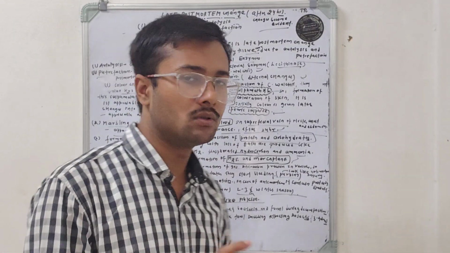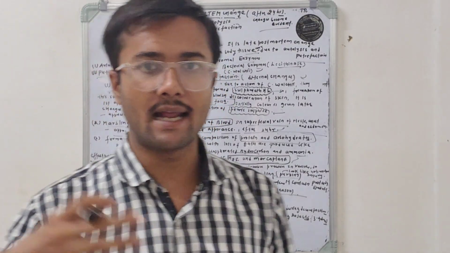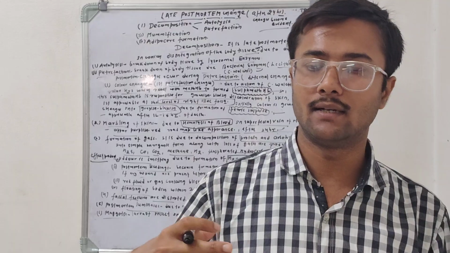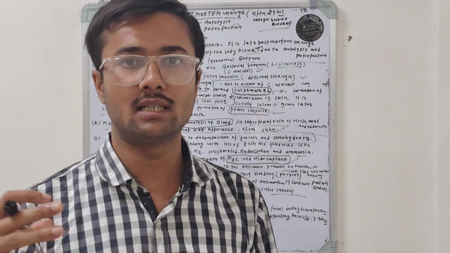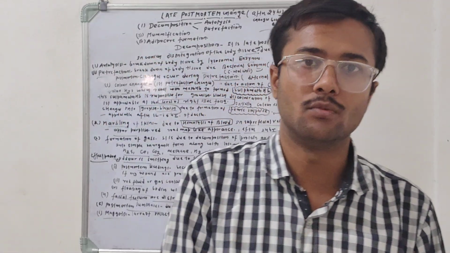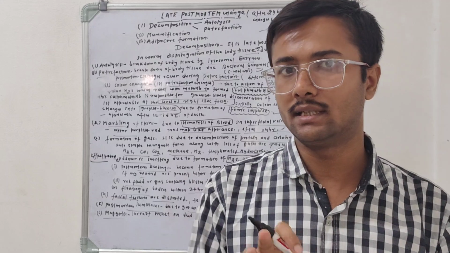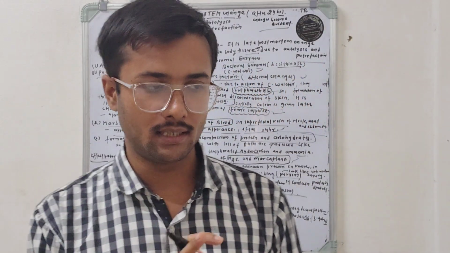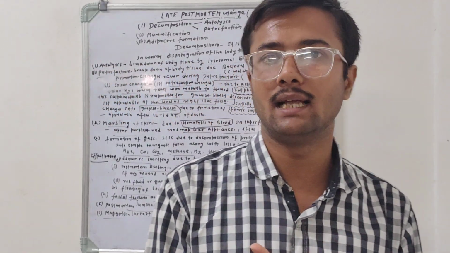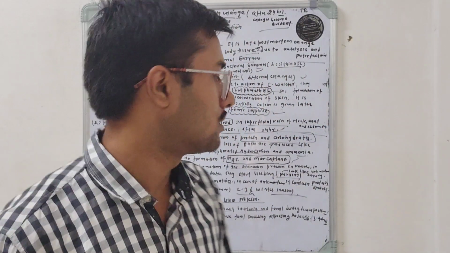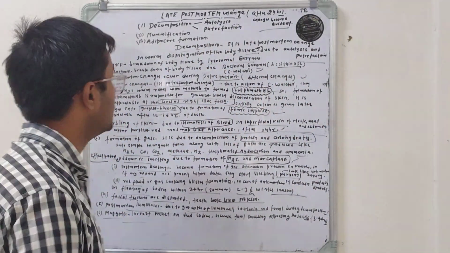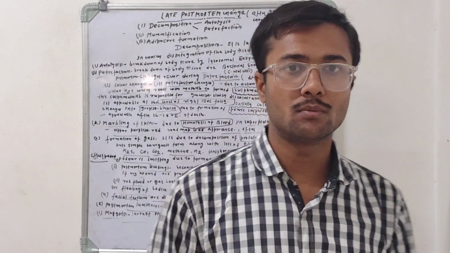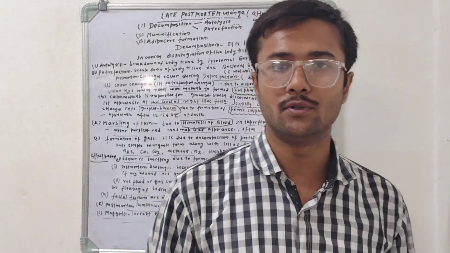What happens due to the foul smell? It attracts lots of insects, and these insects lay eggs inside the dead body. These eggs change into larvae, and in post-mortem findings we obtain the larvae of insects, which are called maggots. So this is all about the late post-mortem changes, decomposition.